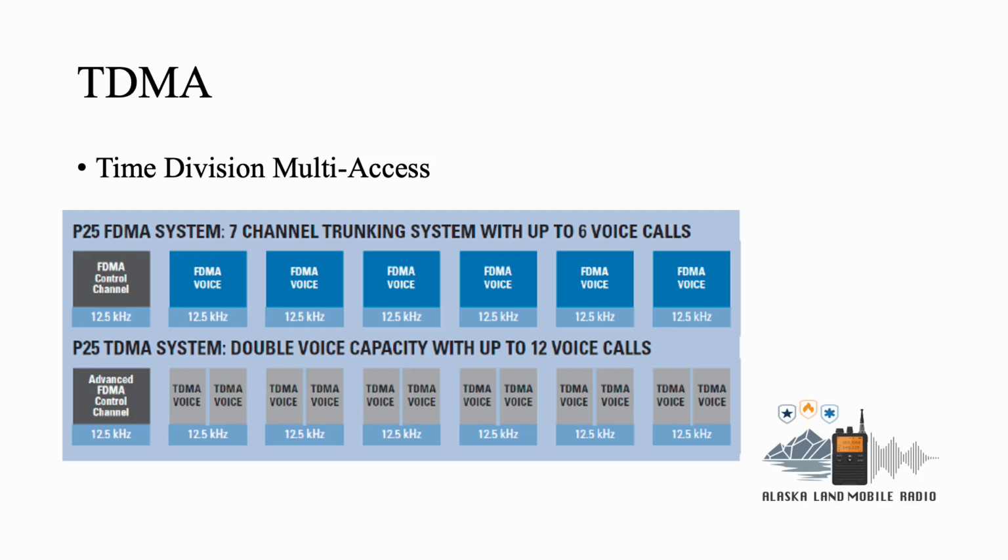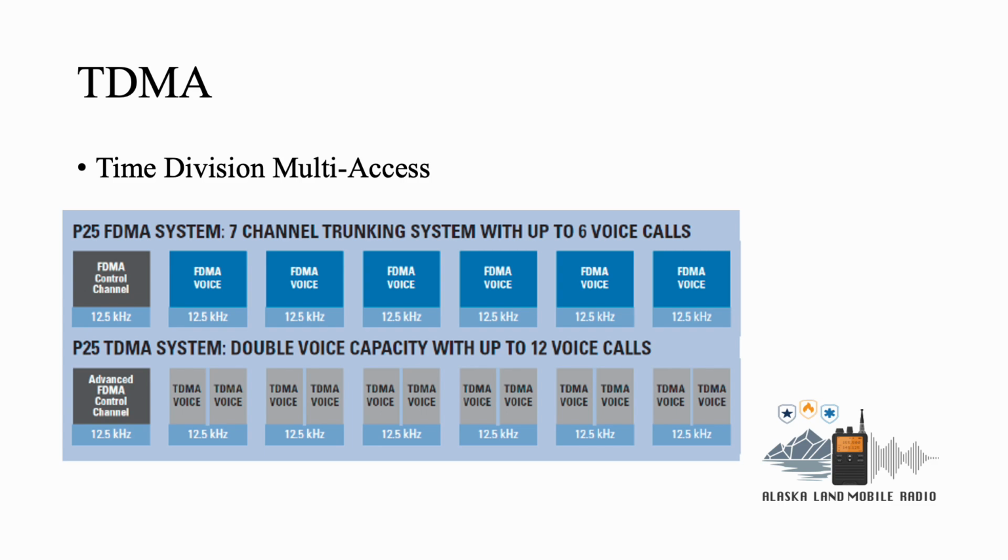Unlike FDMA, the time portion of TDMA refers to the ability to essentially time shift between 2 conversations on the same channel. If we look at this visual with the same 7 channels, we still have a control channel, which leaves us 6 channels for voice calls.